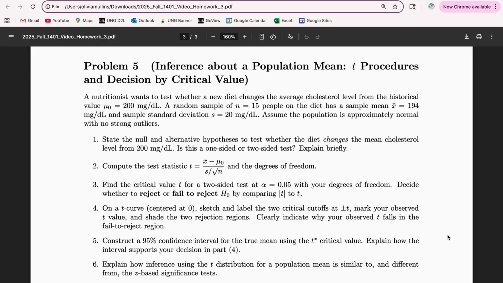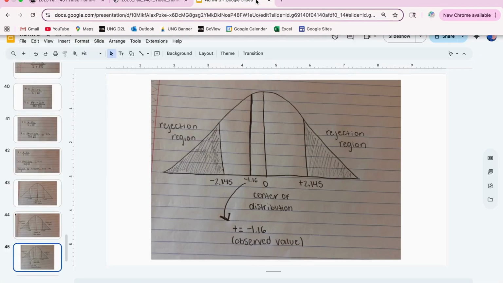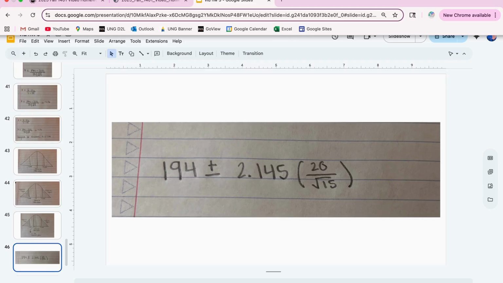Moving to number 5, it says, construct a 95% confidence interval for the true mean using the t-star critical value. Explain how the interval supports your decision in part 4. First, we set up our equation. 194 plus or minus 2.145 times 20 over square root of 15.